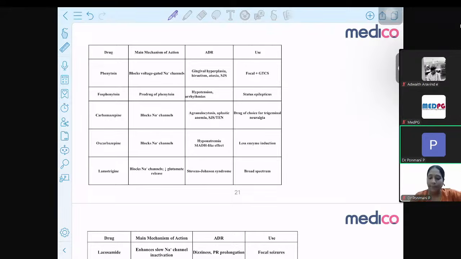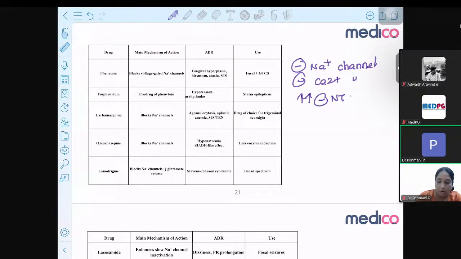So what are these mechanisms? It is either going to decrease your sodium levels in the body, I mean, it is going to inhibit the sodium channels. Or it can inhibit the calcium channel. Or it can increase your inhibitory neurotransmitter, which is GABA.